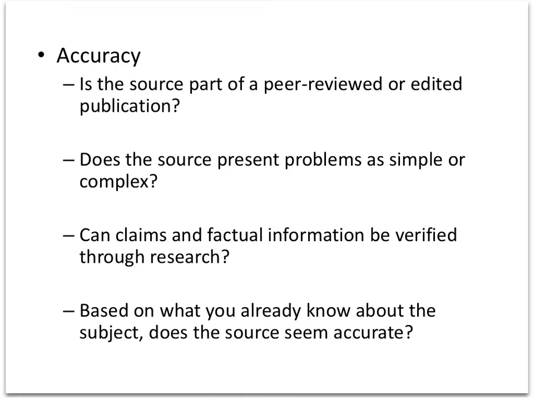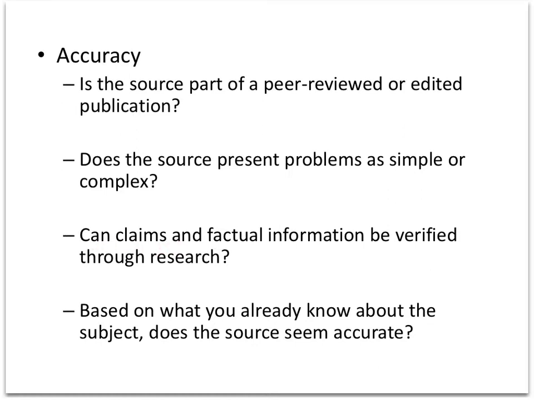Well, global warming is a problem that's not just simple. It's a very complex problem. There are a number of different factors that go into that. So we want to question the accuracy of any source that would attempt to make a complex problem appear to be simple.